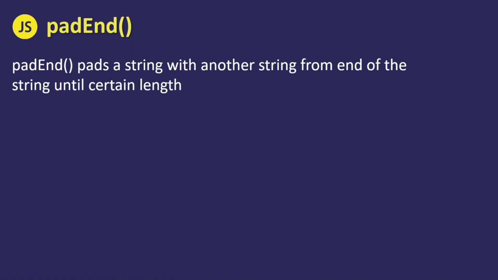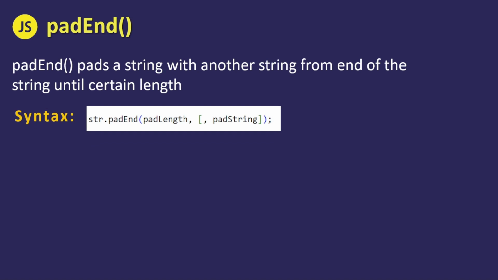Next we have the padEnd method. PadEnd method is similar to padStart, but it will pad a string from the end until a certain length. This is the syntax of the padEnd. This also takes two parameters, that is a pad length and pad string as an optional parameter. Here pad string will take a default empty string if we don't explicitly give any pad string.